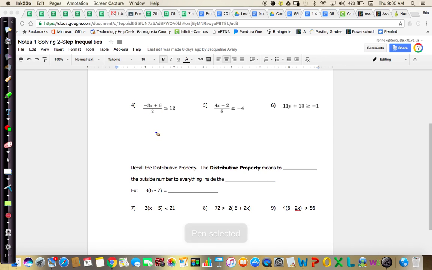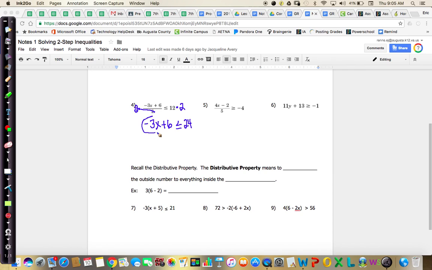When it's a fraction like this, and there are two terms on top of the fraction, we have to get rid of the 2 first. So the opposite of division is multiplication. So we're going to multiply both sides by 2. 2 divided by 2 is 1, so we're going to bring down negative 3x plus 6 is less than or equal to 24.